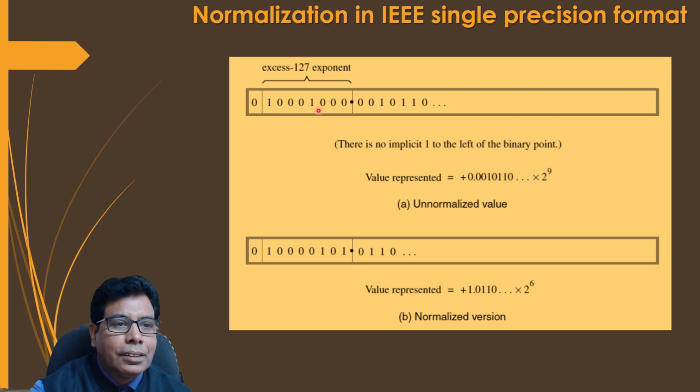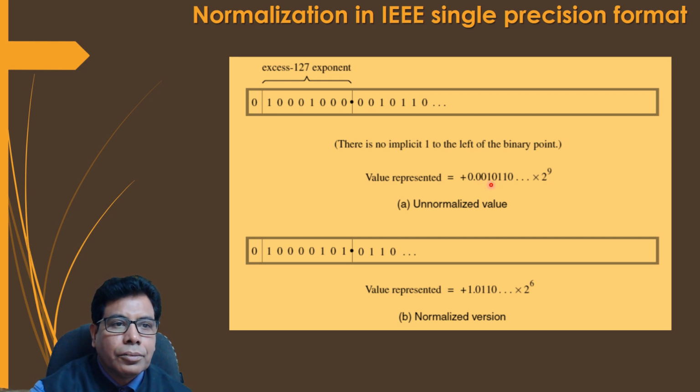This is 136, that means the exponent is 9, because 127 plus 9 is 136. So the exponent part is 2 raised to 9. That's why we have to write here 9 plus 127, that is 136. And this part, now here we have shown 00101.